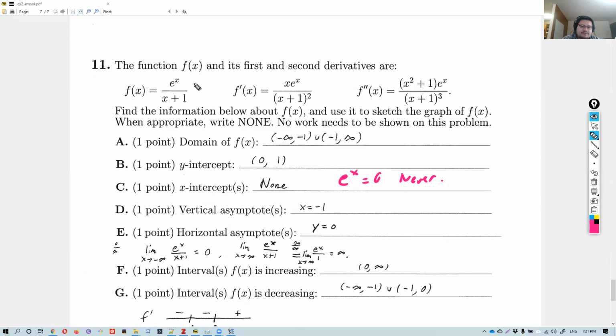And then for E, horizontal asymptotes. Well, for this problem, it's a little bit more complicated than usual. And that's because this e to the x is a bit lopsided. So e to the x is a function that looks like this, right? It approaches 0 as x goes to -infinity, but it approaches infinity as x goes to infinity.